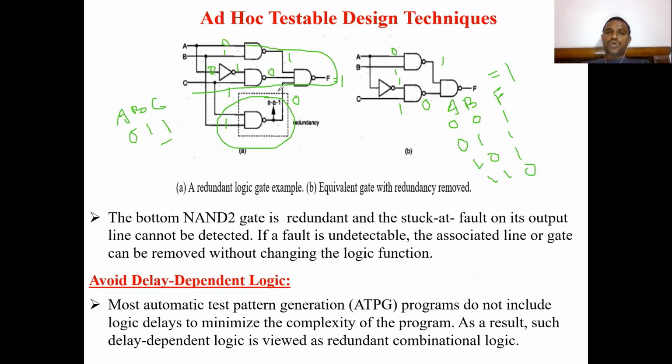Even if you remove this redundant gate, you get the same output. It is redundant logic that we use for reliability, but if you don't use it, we still get the same output.